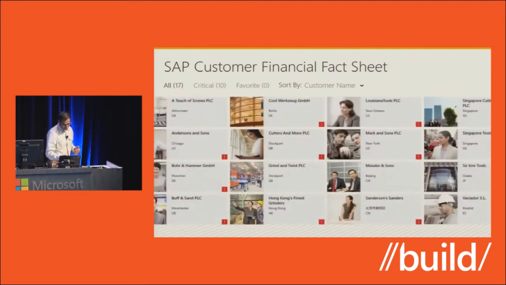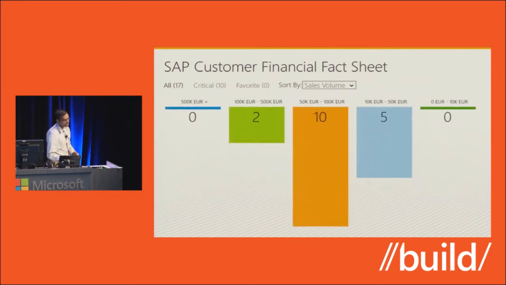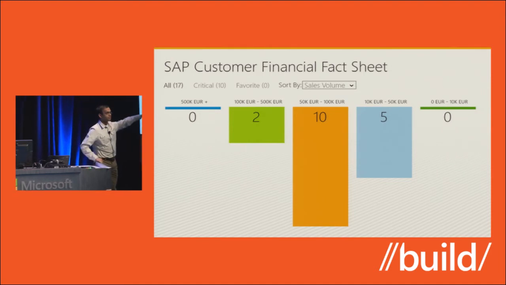And one thing I really like from them is that I can filter based on sales volume. And this is where they combine the data-enriched world, showing a lot of data, with the analytics world, where I do a simple semantic zoom and I can see the sales volume, just as simple as analytics.